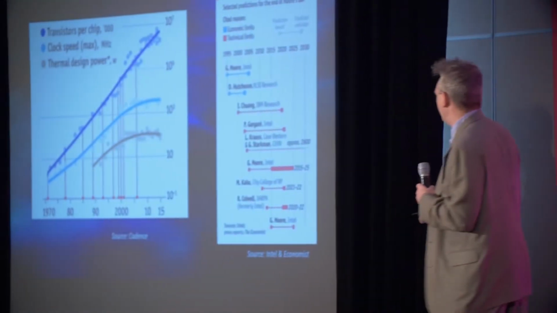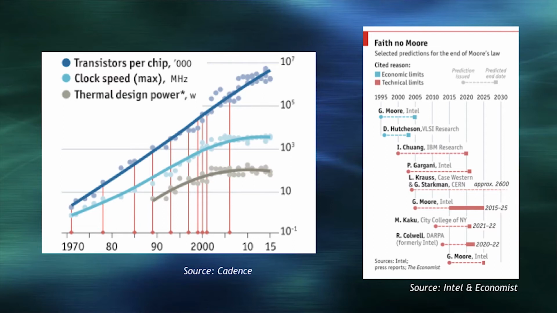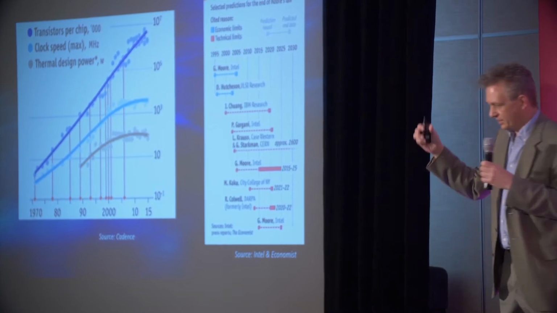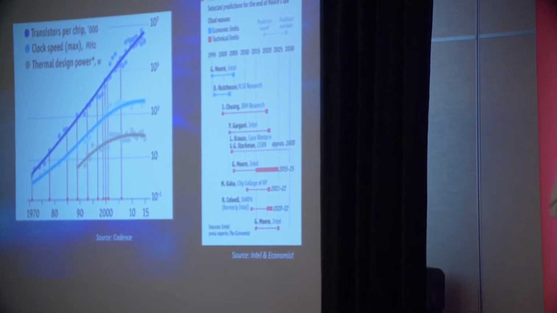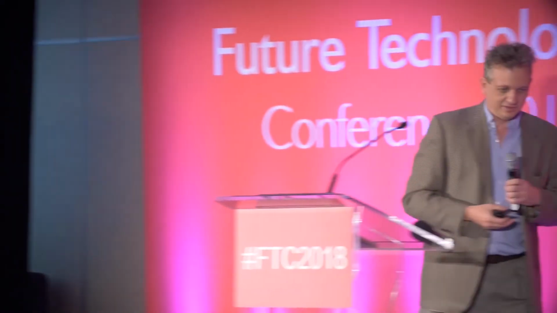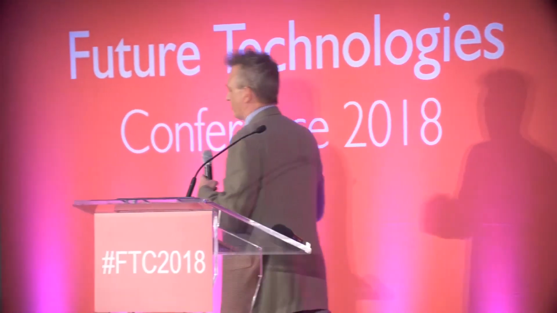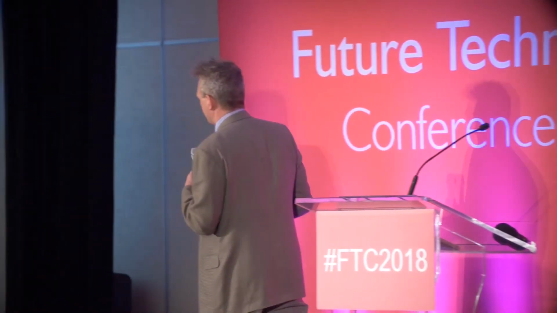So this is the end of Moore's law, and even Moore himself, on the right-hand side, speculated when his own law will come to an end. This is from The Economist. We're going to bottom out somewhere around 2020. And this has to do with the thermal design and the number of transistors.